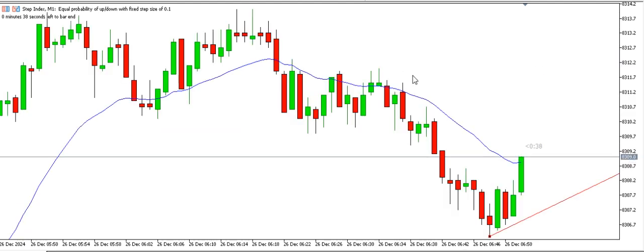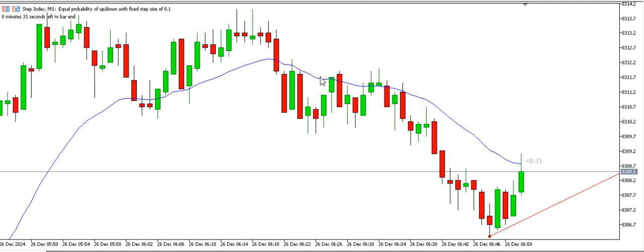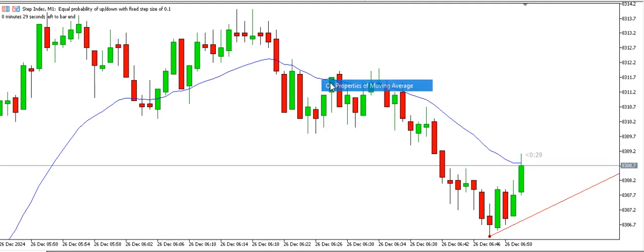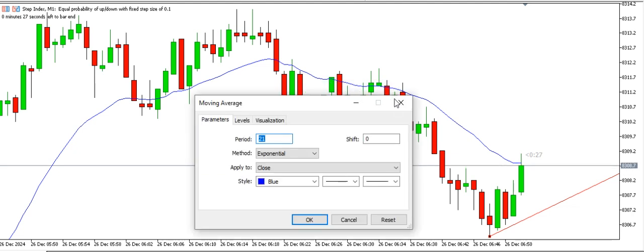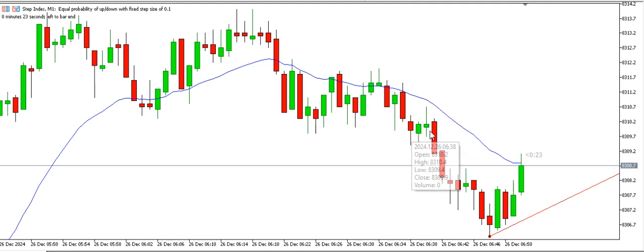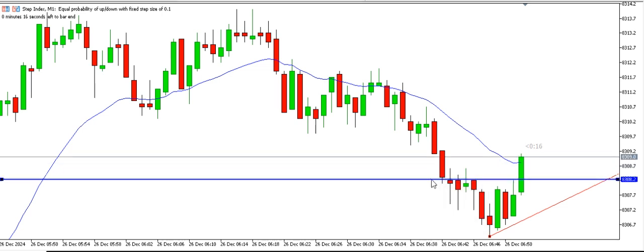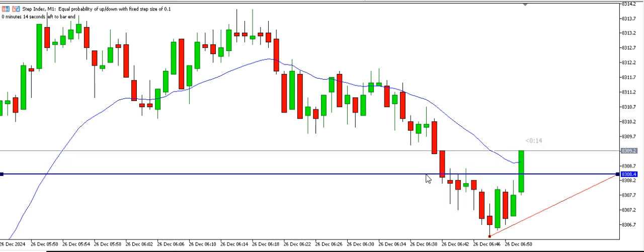All right, as at this particular point, price, this is the 21 exponential moving average. Price dropped around here. So if I'm going to enter a trade, I'll be entering my trade around here. I'll be selling.